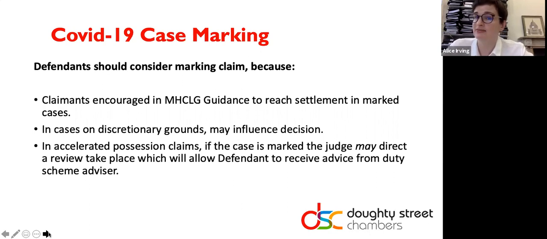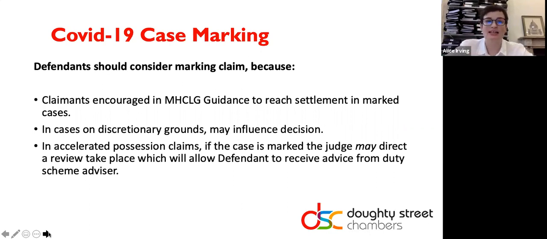This might be information that, for example, the claimant has not had access to before, and the guidance encourages the claimant to have a moment to rethink at that point whether, in light of this information, they should be proceeding with the possession claim at all. So it's an opportunity to bring further information to the claimant's attention and again to press for settlement short of going through with the possession hearing.